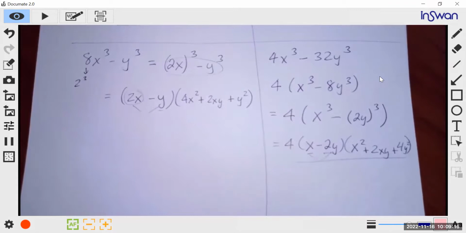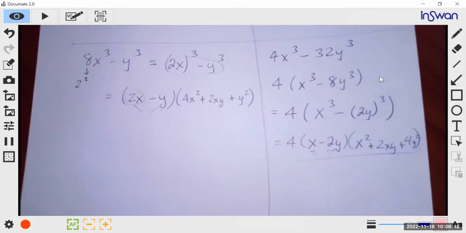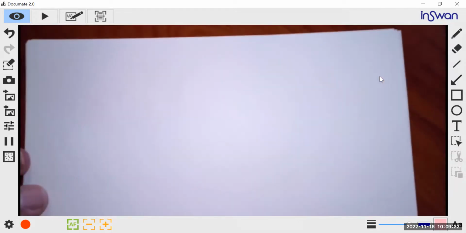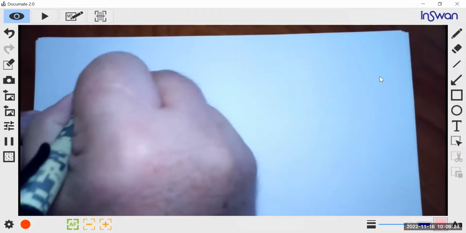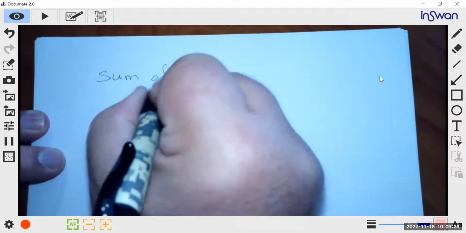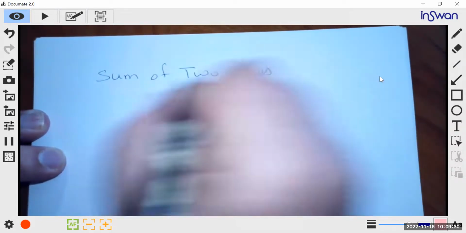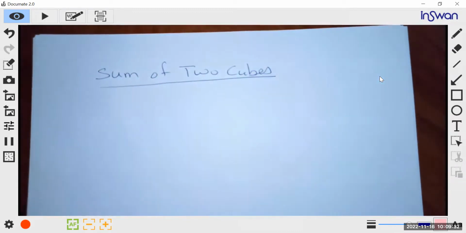How about the sum of two cubes? That's the next one. The sum of two cubes.